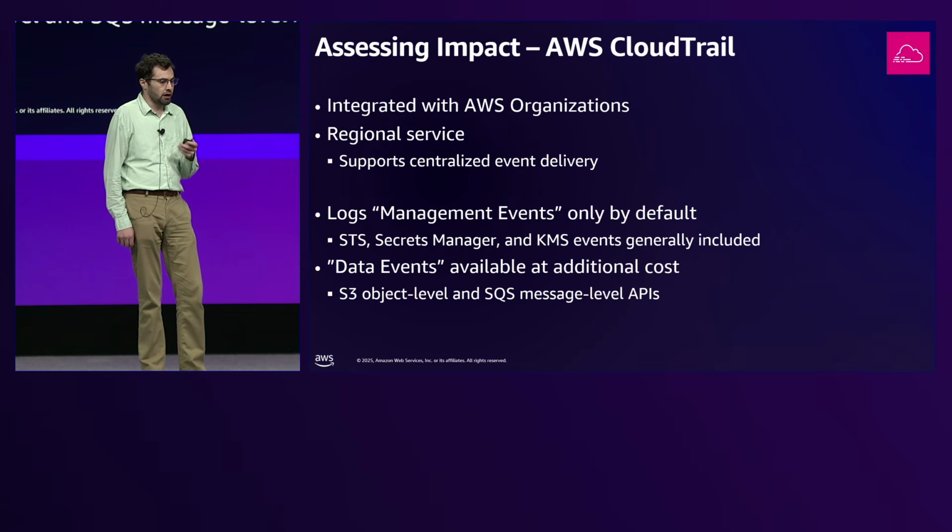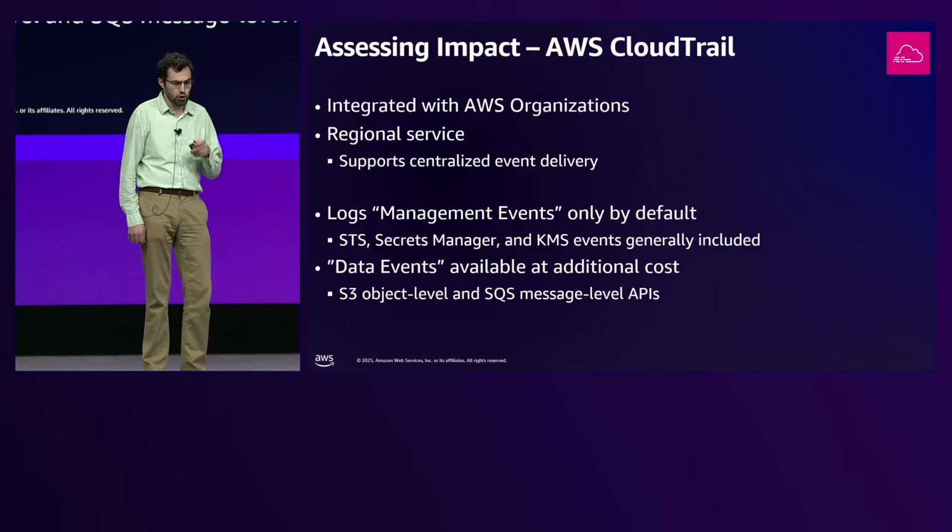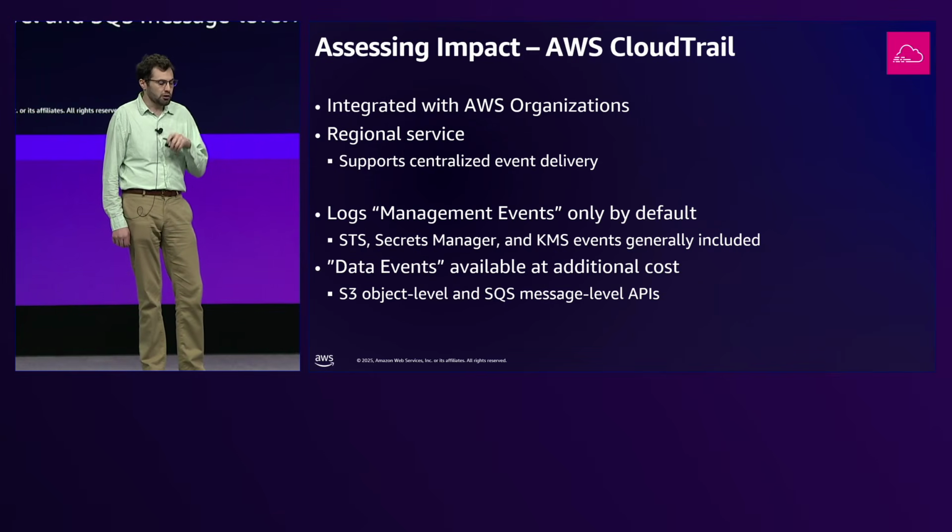That being said, there are other resource types that are classified as data events, like S3 object-level APIs and SQS message-level APIs that come at an additional cost. There's a cost-benefit trade-off for data events, and most organizations likely only enable them for the highest value or risk resources. So CloudTrail may not be able to tell you truly if a resource is in use without potentially significant spend and significant data volume to analyze.